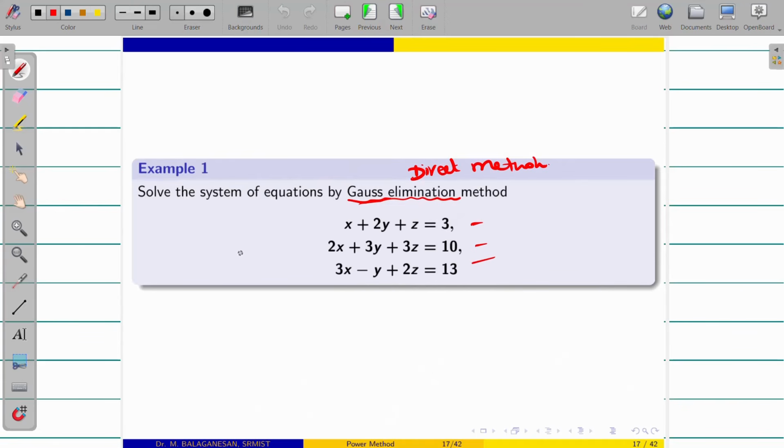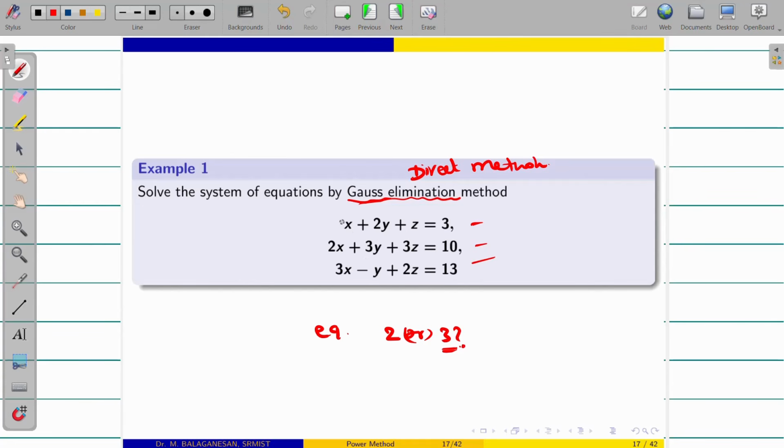Take your calculator. Press the mode button 3 or 4 times. There will be equation mode. It will ask 2 unknowns or 3 unknowns. You have to give 3 unknowns. Most of you will know how to solve the system of equations, 3 equations for 3 unknowns.